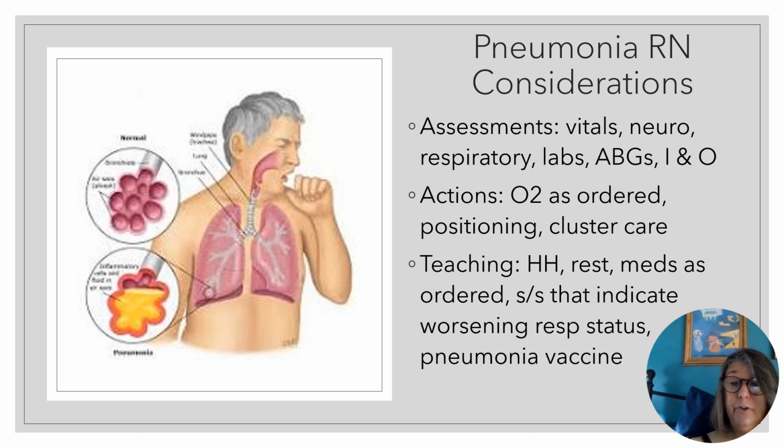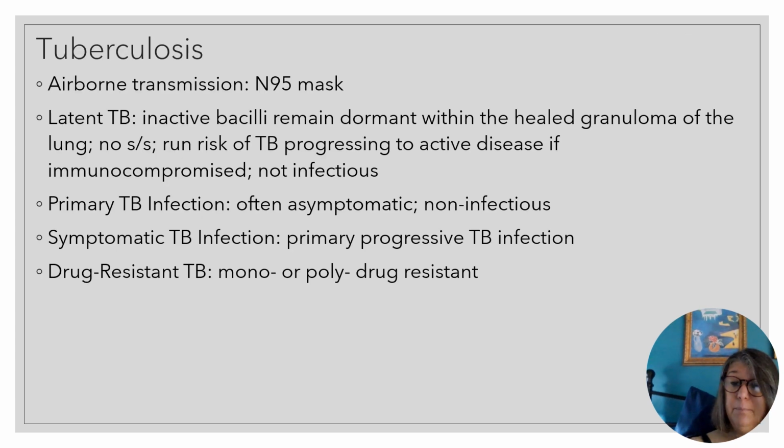And then, of course, if your respiratory status gets worse, let us know. Because let's say, like we talked about with flu, if you have viral pneumonia, it can turn into bacterial pneumonia. And then there is a pneumonia vaccine. It is recommended for older people. We do want to make sure that we educate related to that.